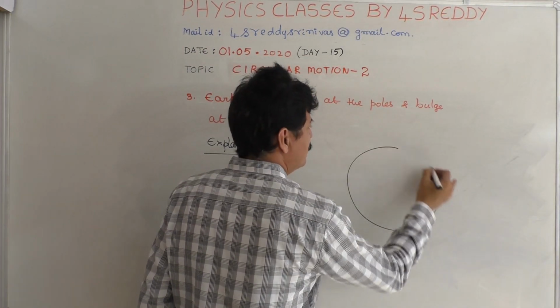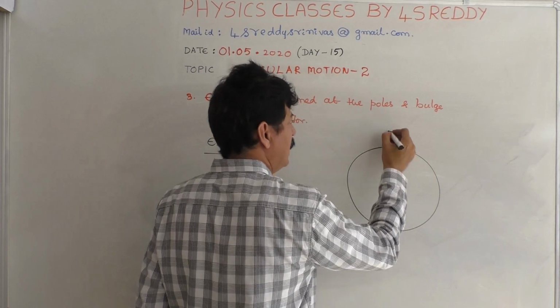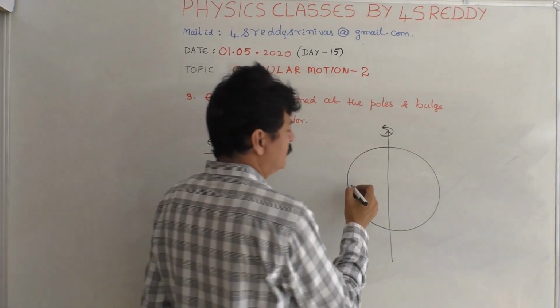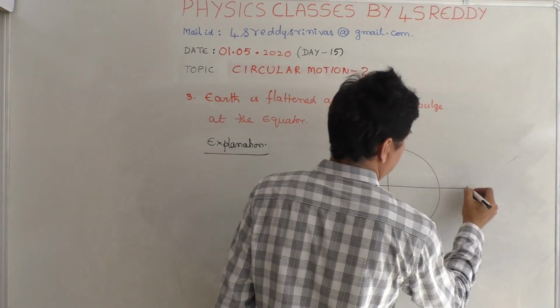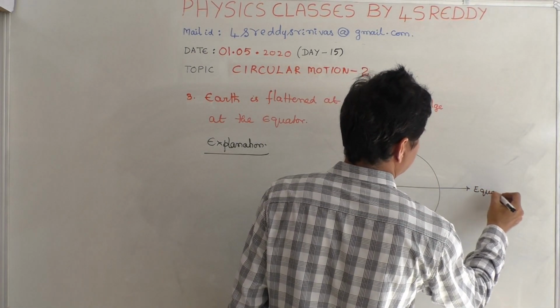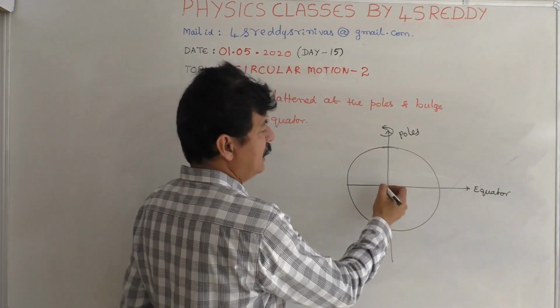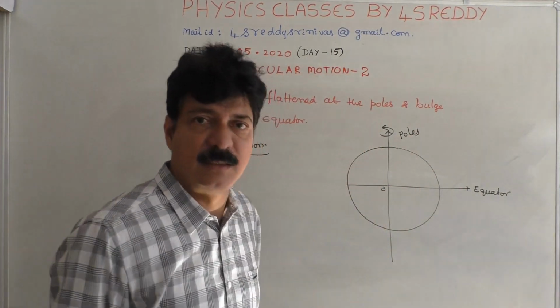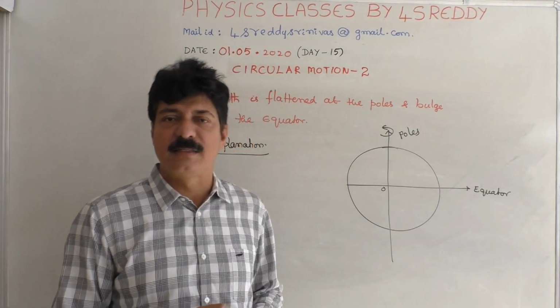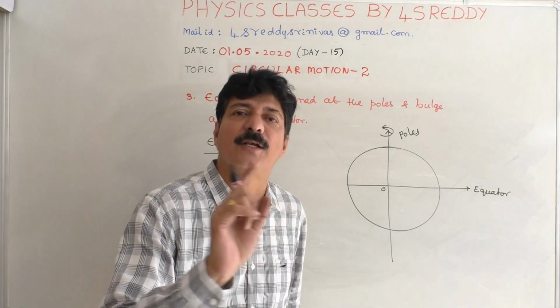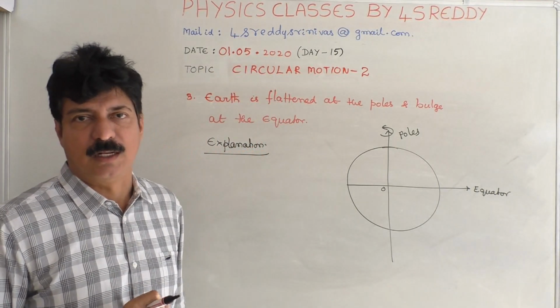Earth always rotates about the axis passing through the poles. Now, this is the equator, and these are the poles. Whenever the Earth rotates about its central axis, all the particles in it are subjected to uniform circular motion.